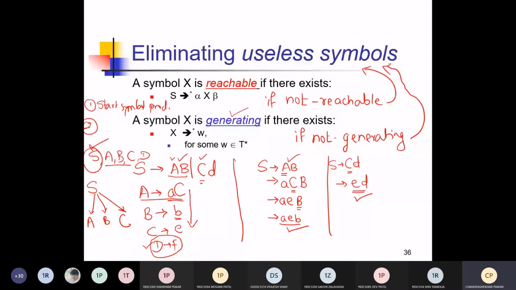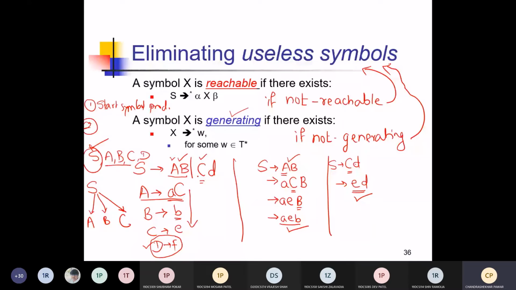The non-terminal has such a production that consists of only terminal symbols. Such a non-terminal production is known as generating if it consists of only terminal symbols.